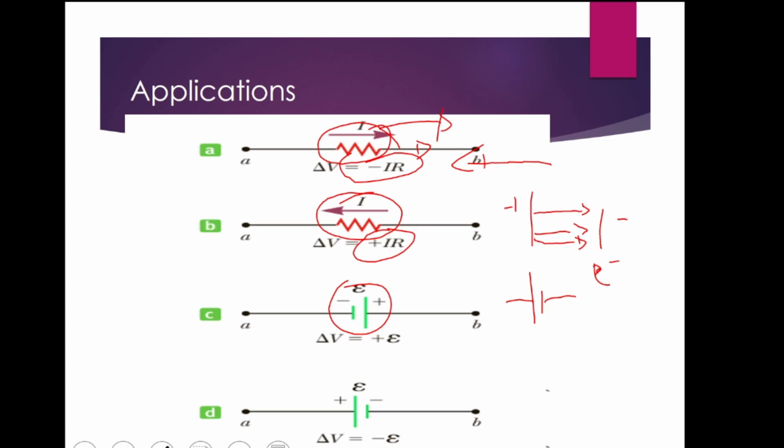As we are moving from the negative terminal to the positive terminal, we assume it has to be positive. Why? Because we are moving against the electric field, from this terminal to this terminal.